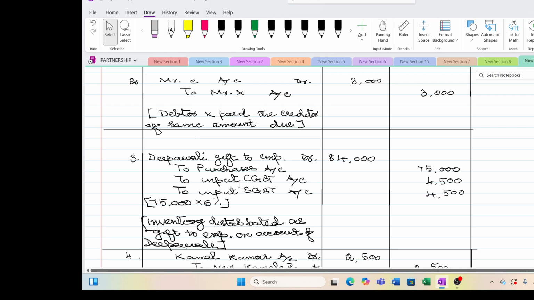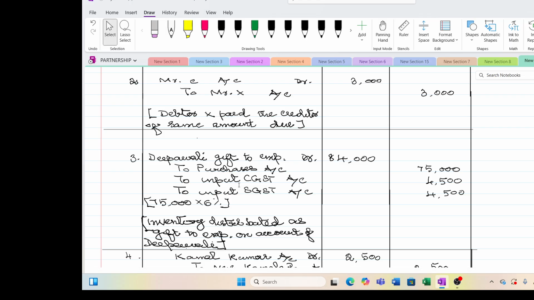Now the input CGST and SGST paid at the time of purchase, we are not going to get it from the customer unless it is sold. Because it is not sold, you are not going to get it from the customer. So this has to be reversed. It cannot be utilized to set off.